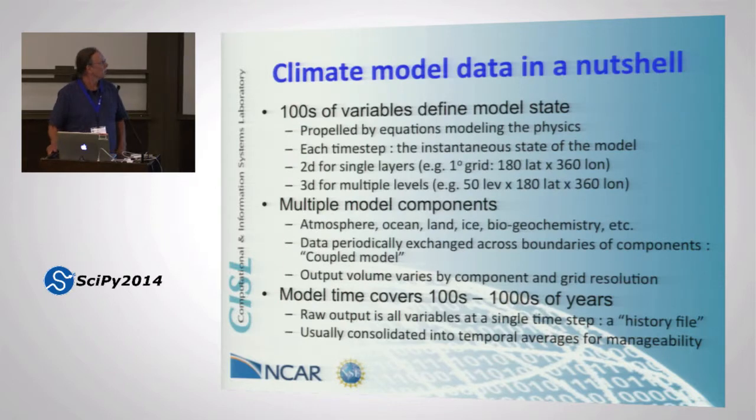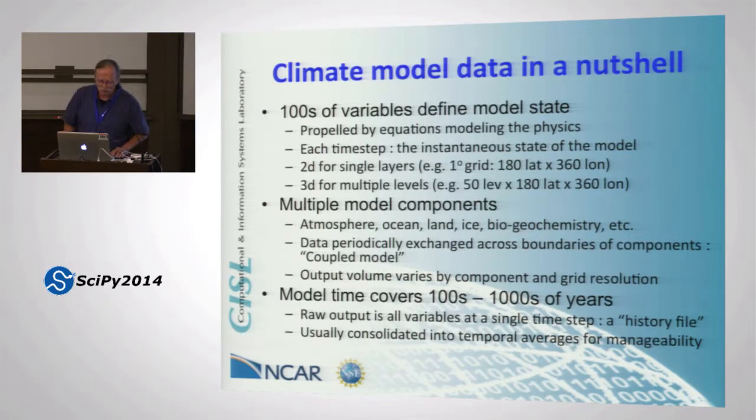So first of all, just a little bit about climate data. The climate models generate lots of data. They're going hundreds and thousands of years. Usually there are hundreds of variables, and they're mainly 2D and 3D.